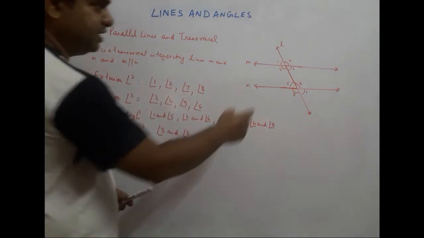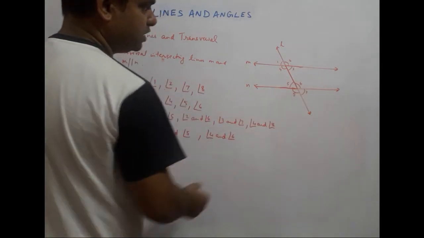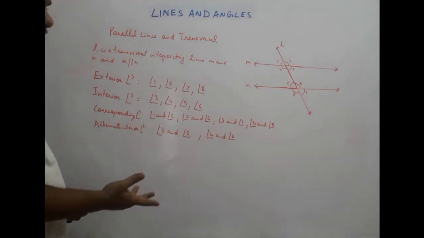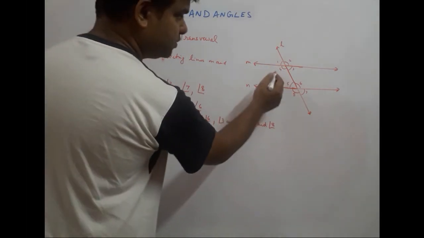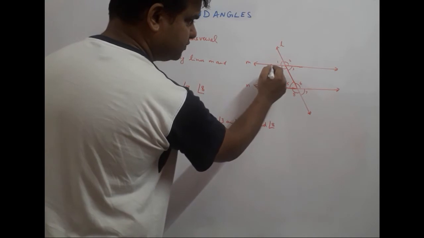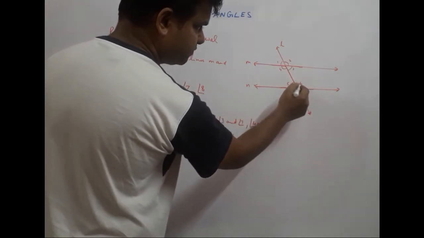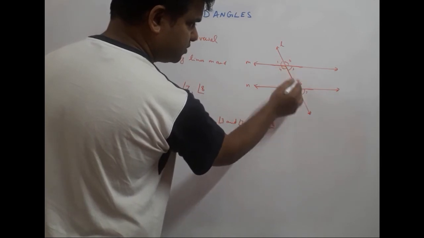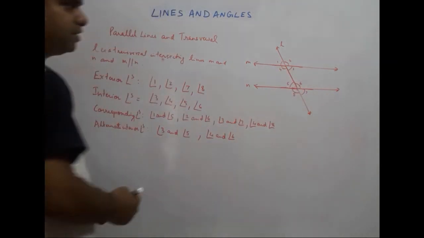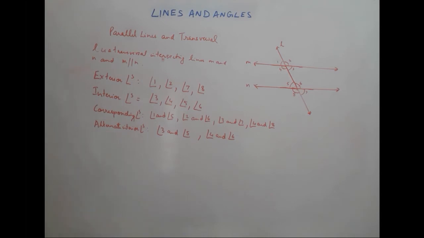Alternate interior means in between the two lines, because we also have alternate exterior angles. Same way over here, look at 4 and 6, the relationship. This forms a proper Z. Got it? So these are alternate interior angles.